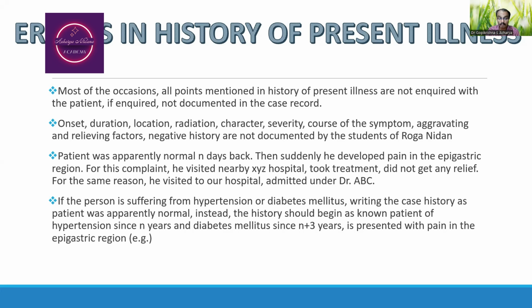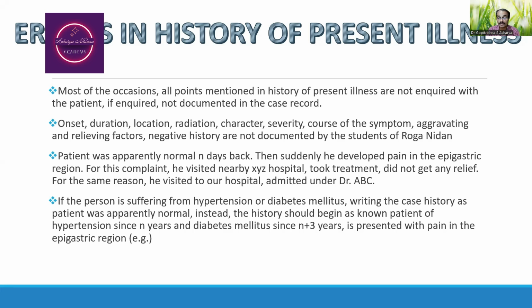In the second example, where we are making errors, if the person is suffering from hypertension or diabetes mellitus, writing the case history as patient was apparently normal is a common error that may be performed by the students. Instead, the history should begin as known patient of hypertension since n years and diabetes mellitus since n plus 3 years.